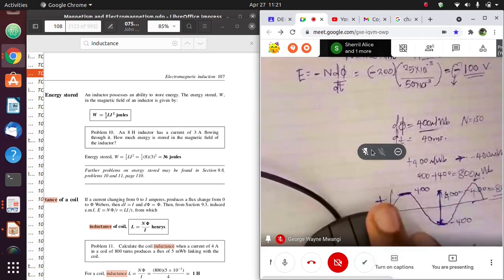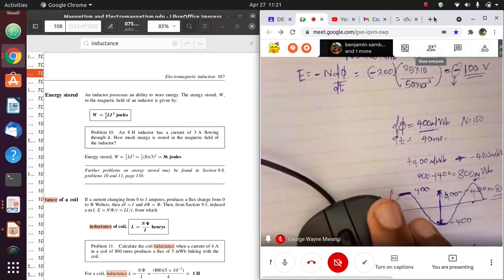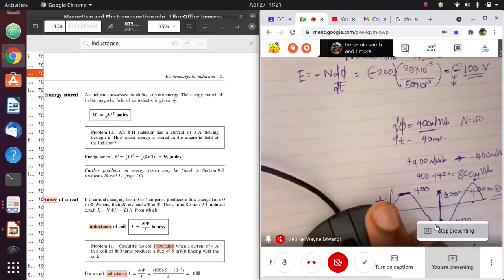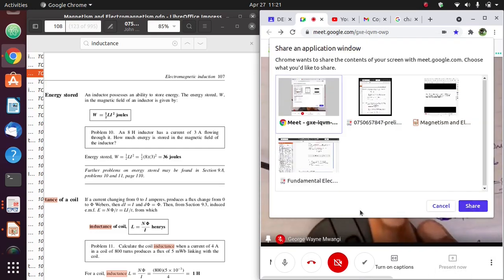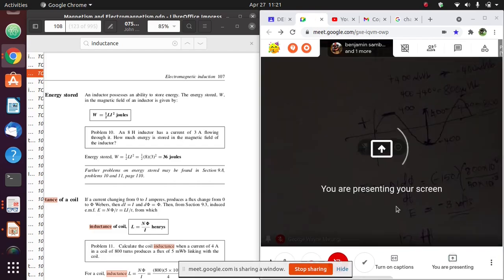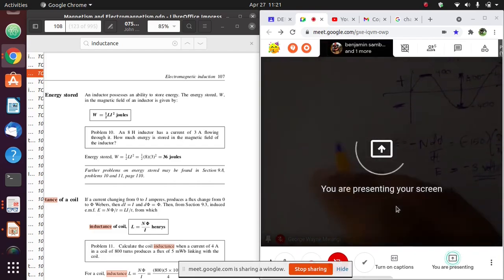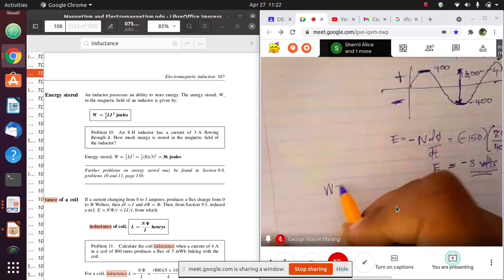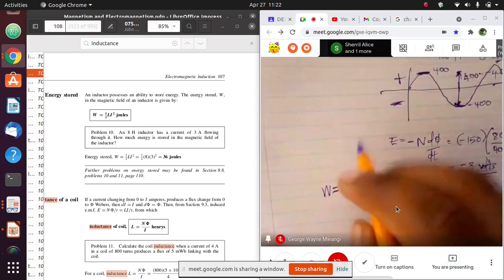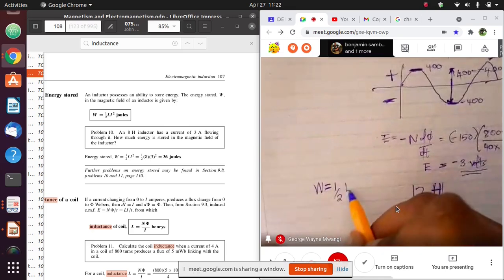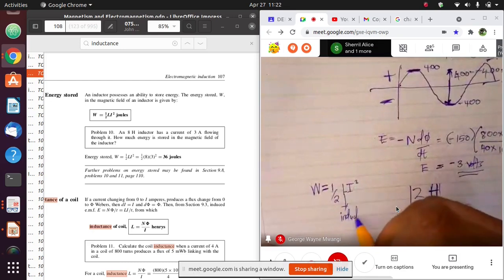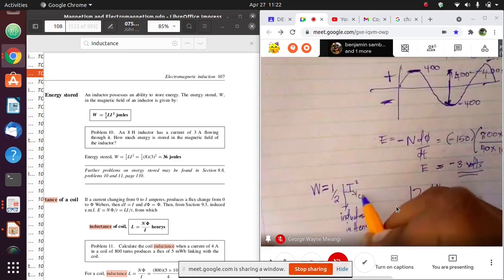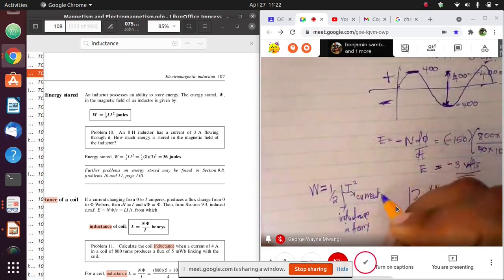Let us do it together. We are told that the energy stored in the magnetic field of an inductor is given by a half Li squared, where L is the value of inductance in henries and I is the current in amperes.